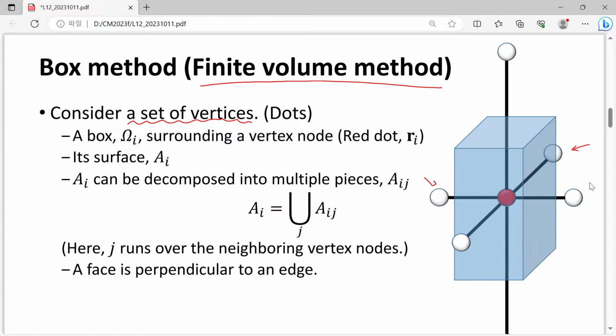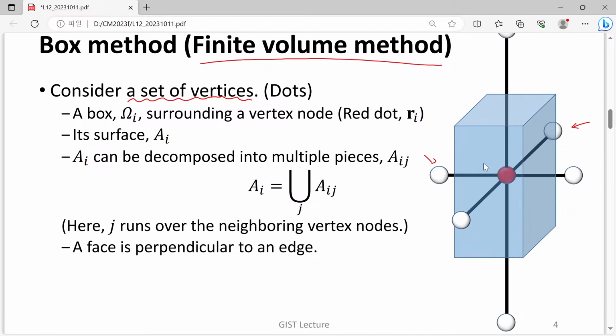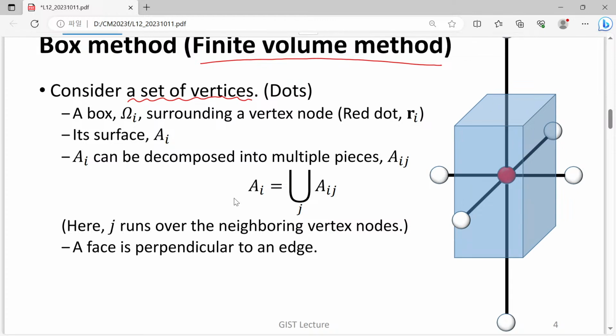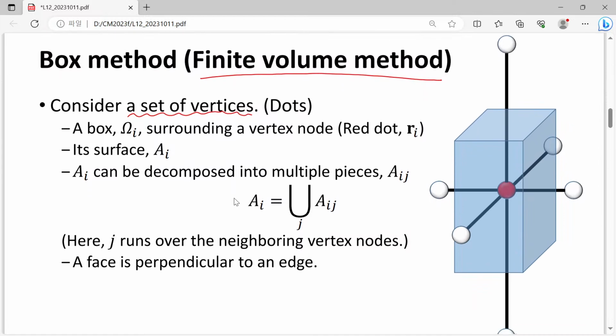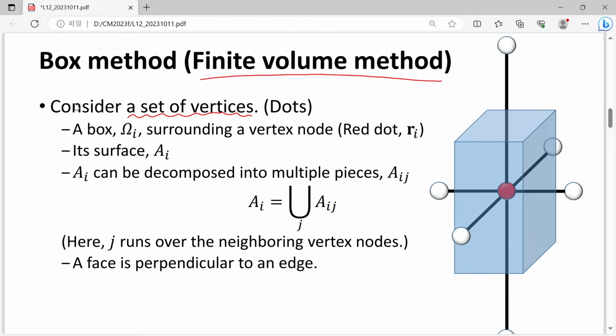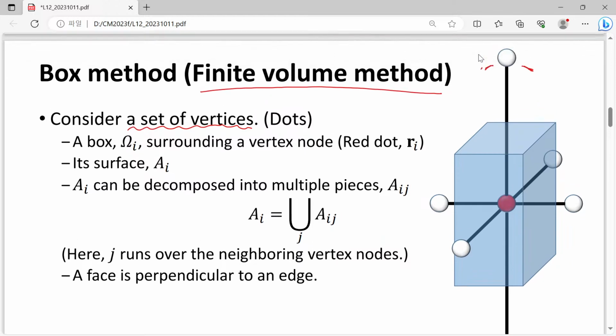Here we have white dots and a blue, red dot. This one is a special one we will consider to discretize our equation, and these white dots are just surrounding, neighboring vertex points. First of all, we assume that this set of vertices is given. Yes, they are given, and we cannot change their points. It is just treated as a given point.